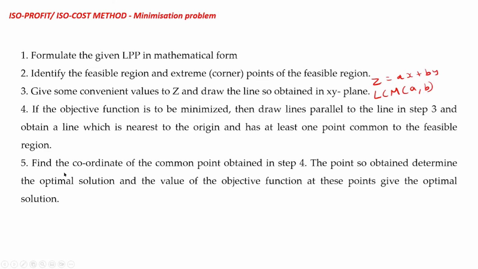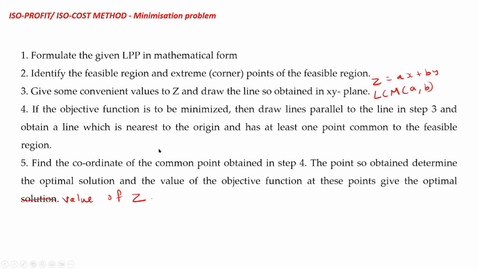The last step is to find the coordinates of the common point obtained. The point so obtained determines the optimal solution, and the value of the objective function at this point will give the optimal value of z.